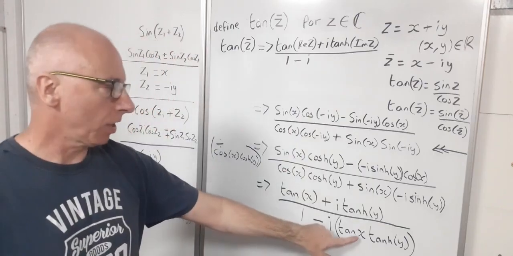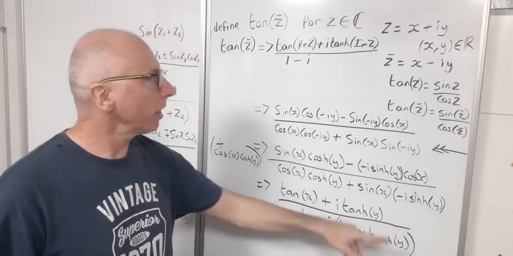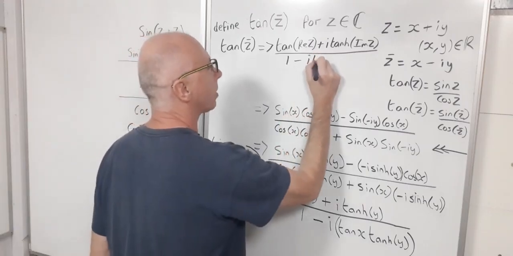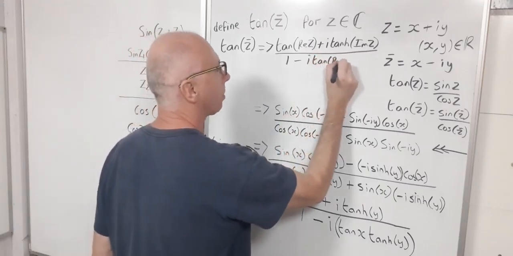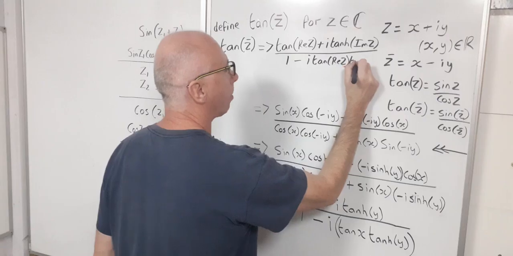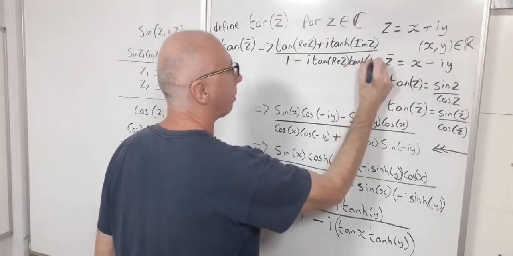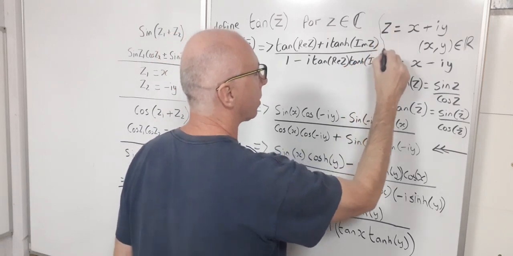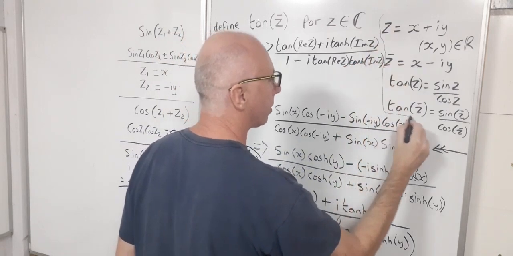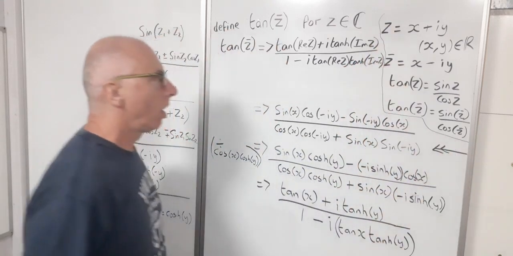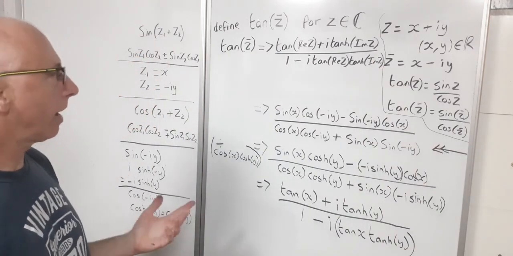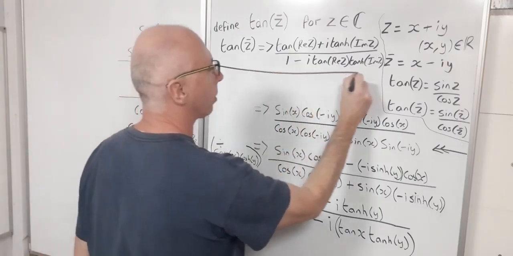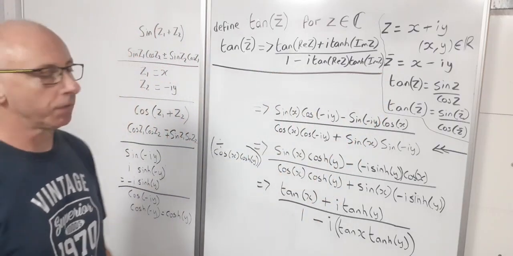And then I've got tan, and x and y are real z and imaginary z. So now I've got i times tangent of real z, hyperbolic tangent of the imaginary part of z. We'll keep that separate to all of this.